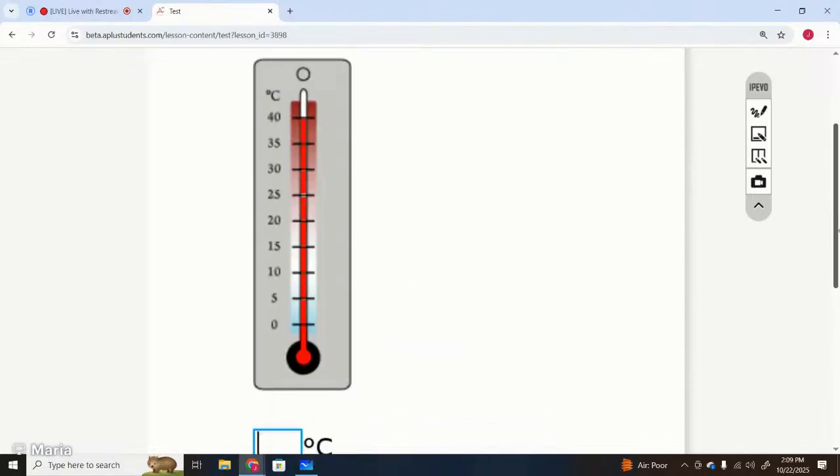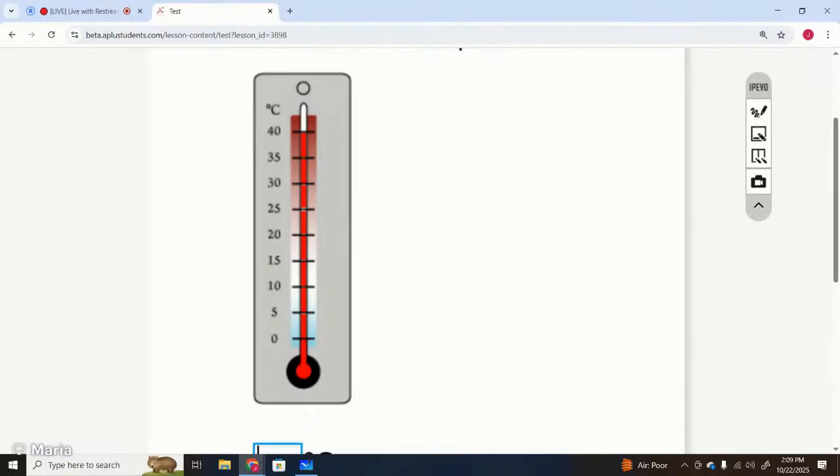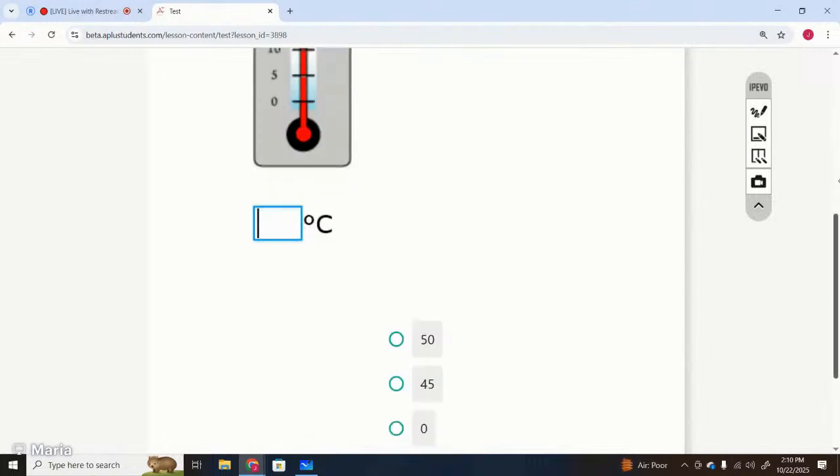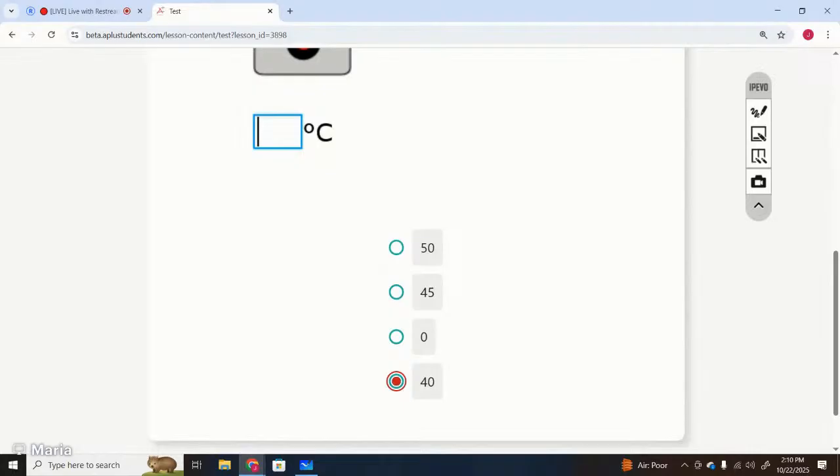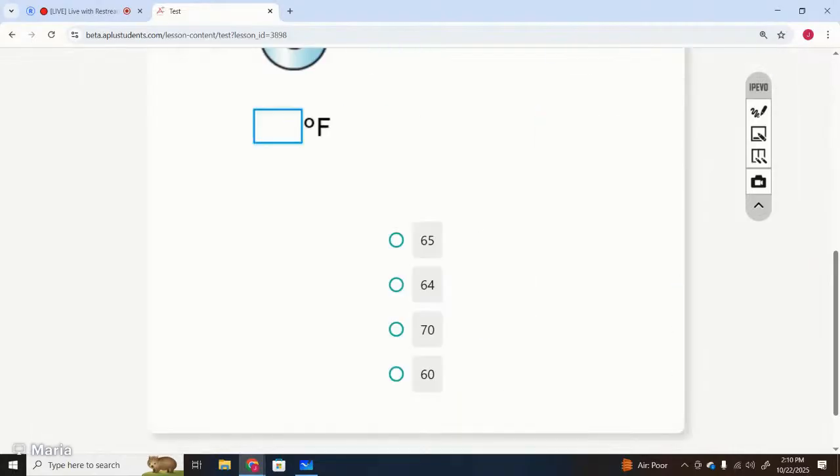What is the temperature? That is 40 degrees Celsius. Option number 4 is the correct option.